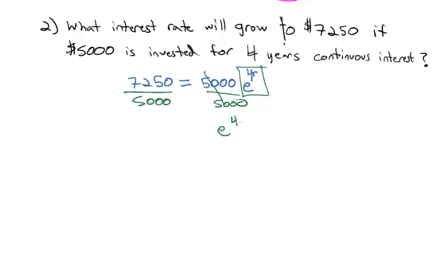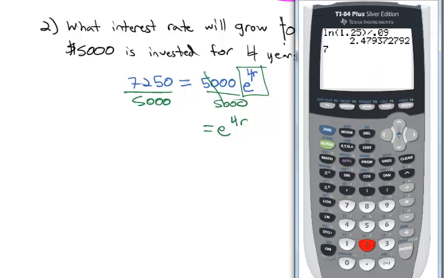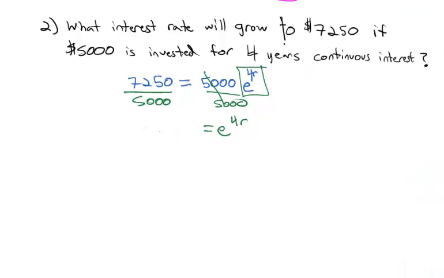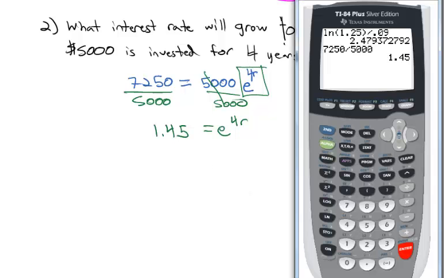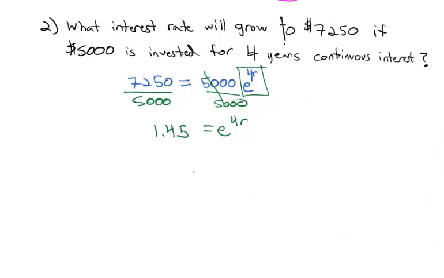So we have e to the 4r equals 7,250 divided by 5,000, 1.45. If it didn't come out nice, I would just keep the fraction. But since it did come out to a nice 1.45, we can roll with that.